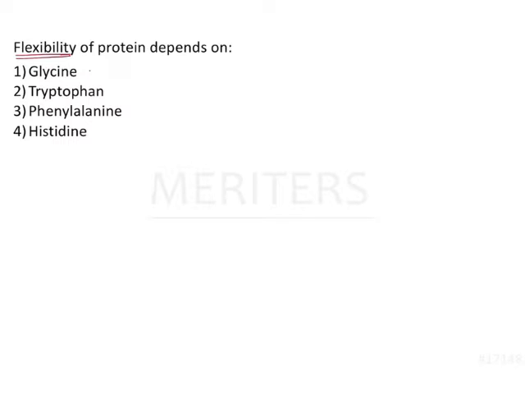So it is based on the chemical structure of the amino acid that is going to determine the flexibility of the protein. So first, if you look into option 1, that is glycine, it is an aliphatic amino acid which is categorized as the simplest amino acid. So out of all 20 amino acids, glycine is considered to be the simplest amino acid because of its very simple chemical structure.